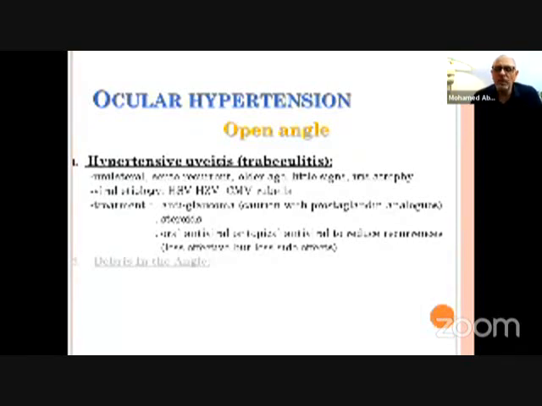Here the treatment is anti-glaucoma, including prostaglandin analogs, steroids, and oral antivirals, which is better than topical antivirals. Sometimes we revert to topical, which is less effective but has fewer side effects if you're going to be on treatment for a long period of time.